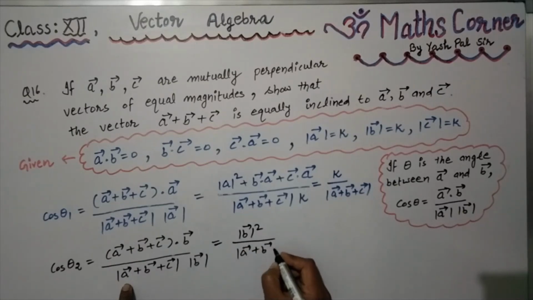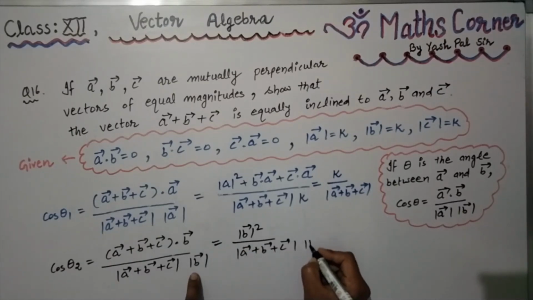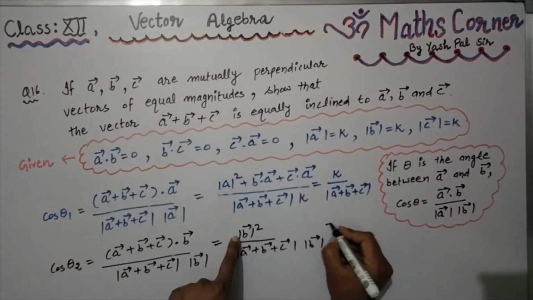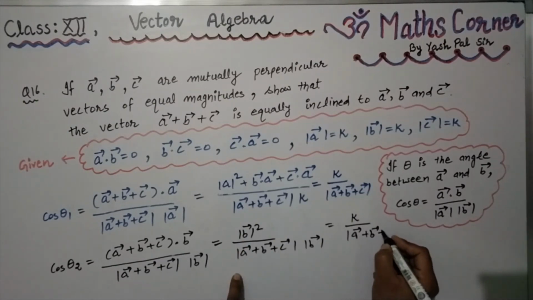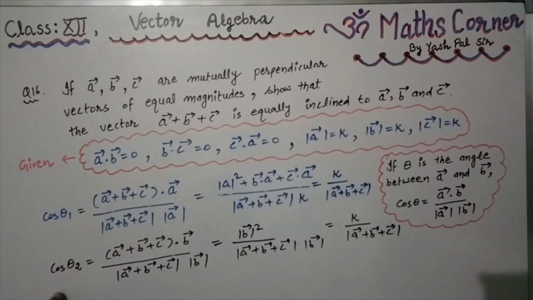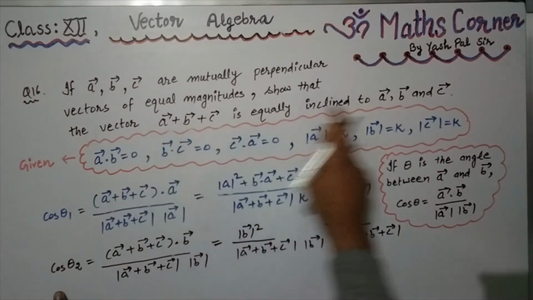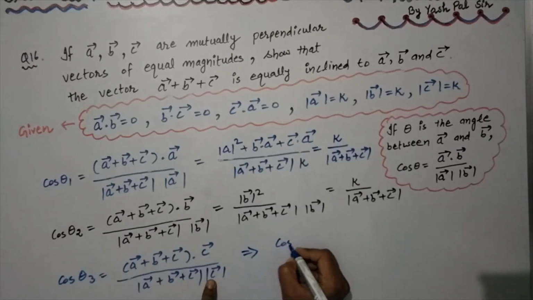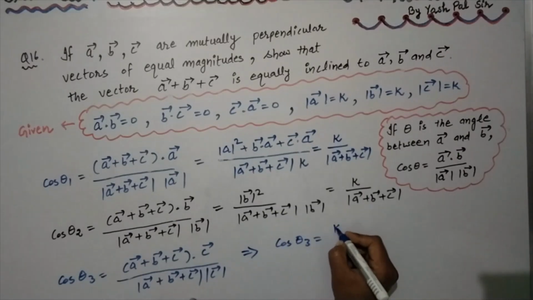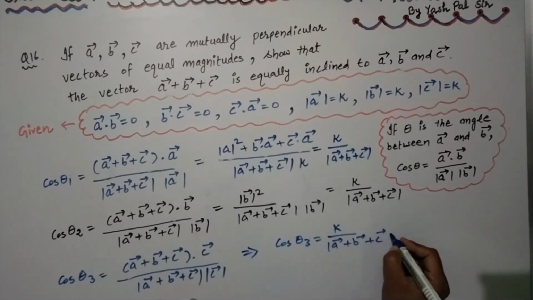This is equal to, again, because A dot B is 0, B dot B is magnitude of B whole square, divided by magnitude of A plus B plus C into magnitude of B, one is cancelled, so again this is equal to K divided by magnitude of A plus B plus C. Likewise, suppose theta 3 is the angle between A plus B plus C and vector C, so cos theta 3 is equal to A plus B plus C dot C vector divided by first vector magnitude into second vector magnitude.